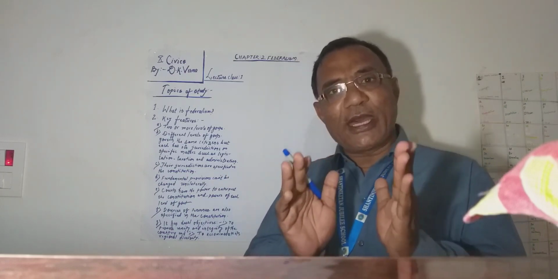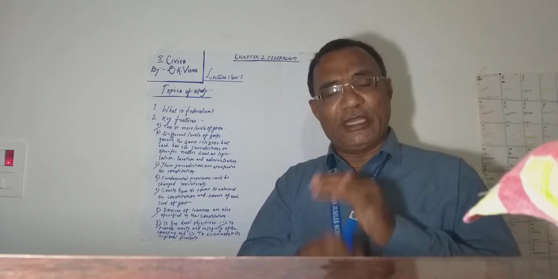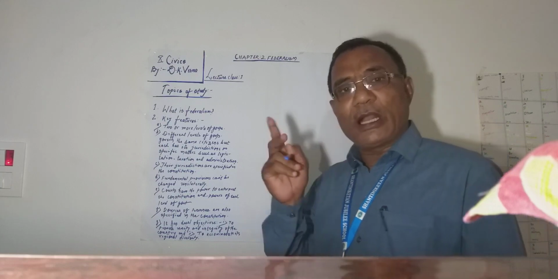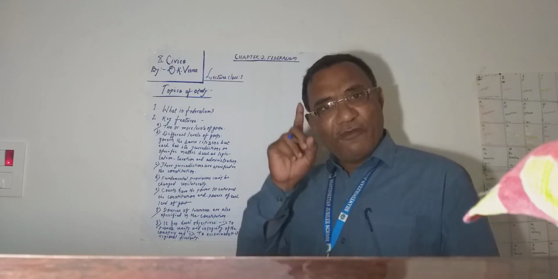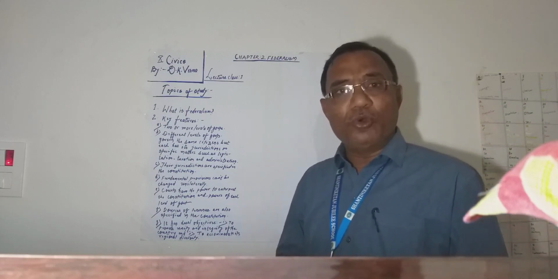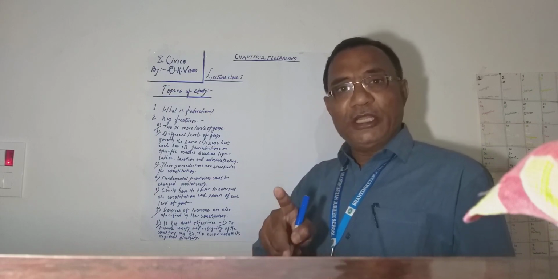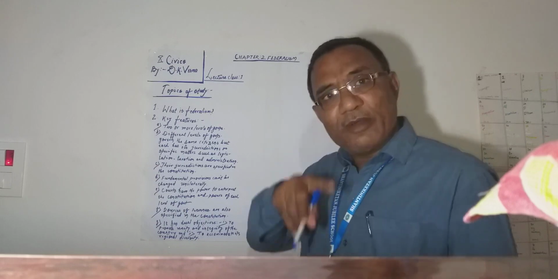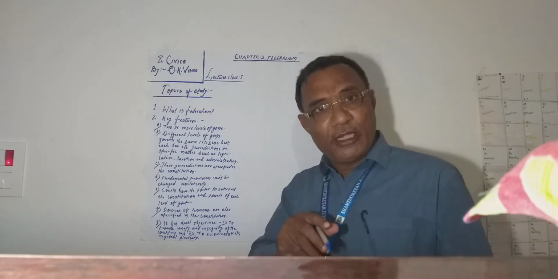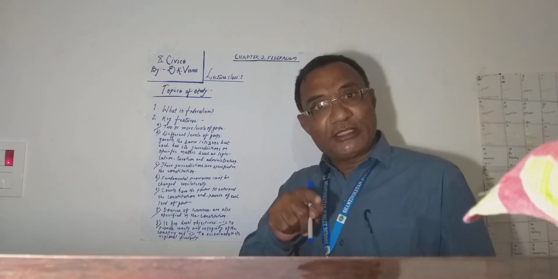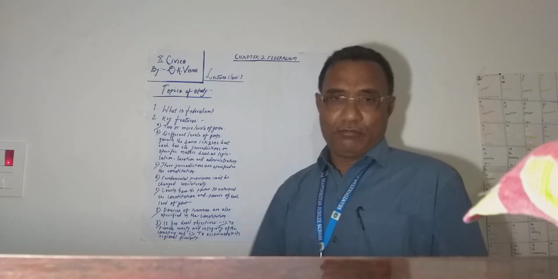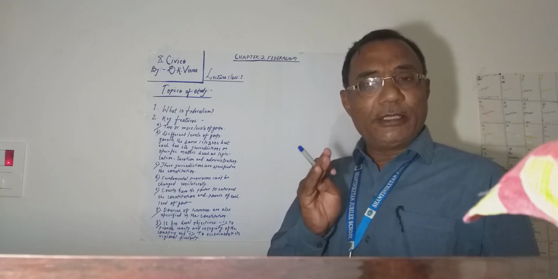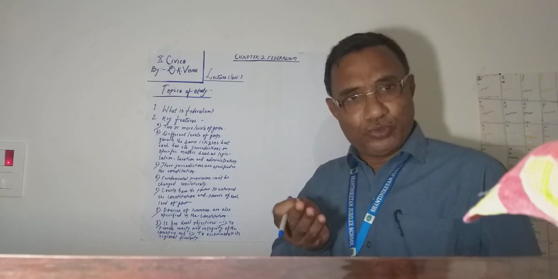So if any changes are needed in such matters, only one level of the government can't do so. If such changes are possible and needed in the country, then the consent of both levels of the government, central government and state governments, is needed. So, these are called fundamental provisions of the Constitution.